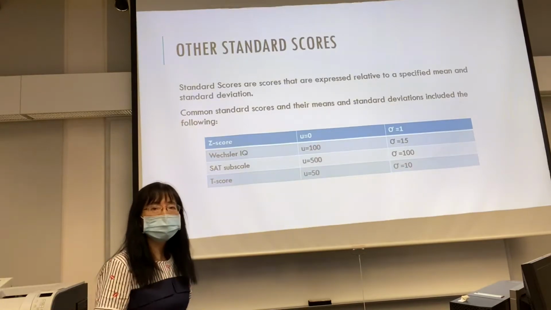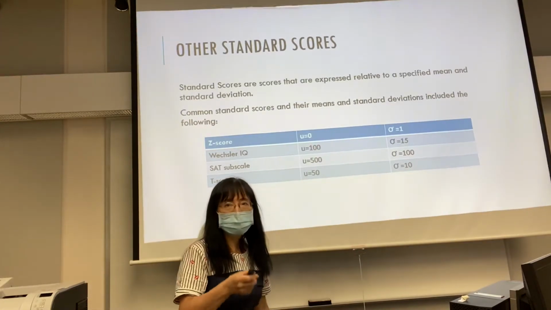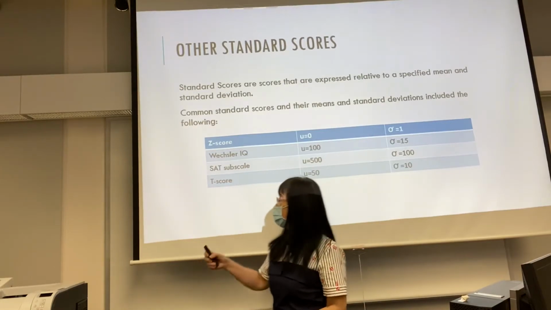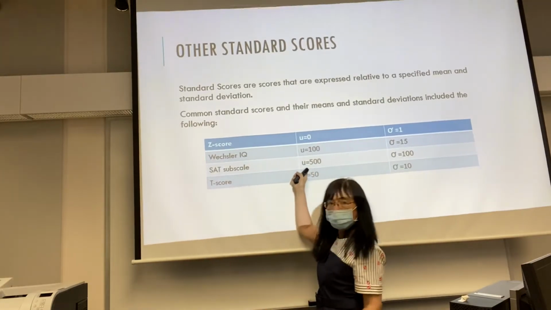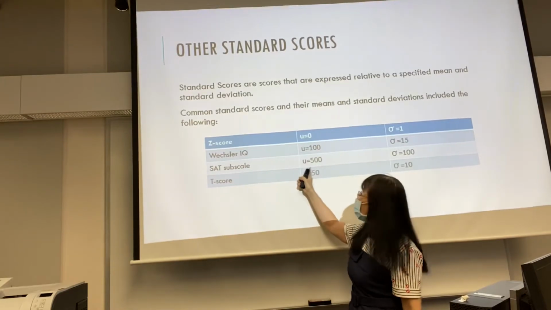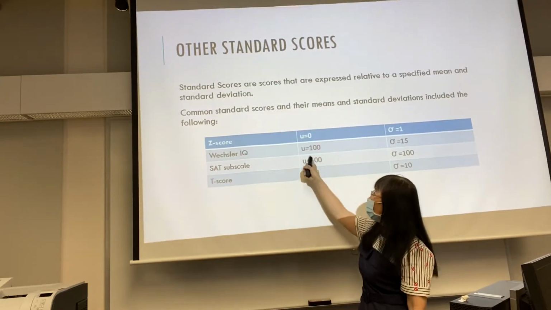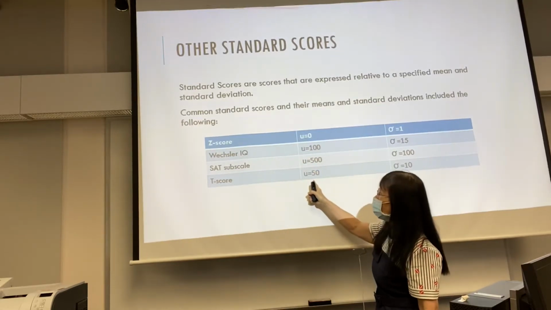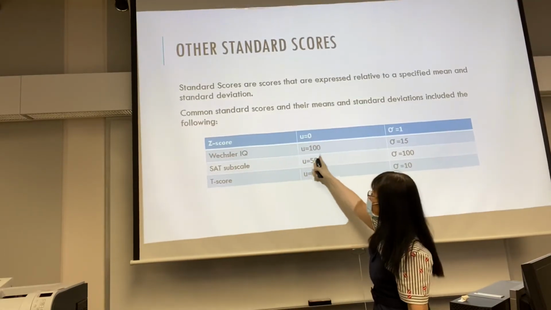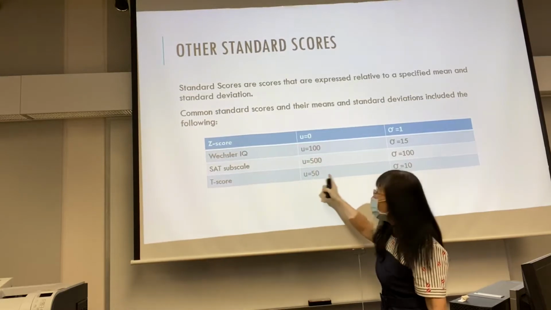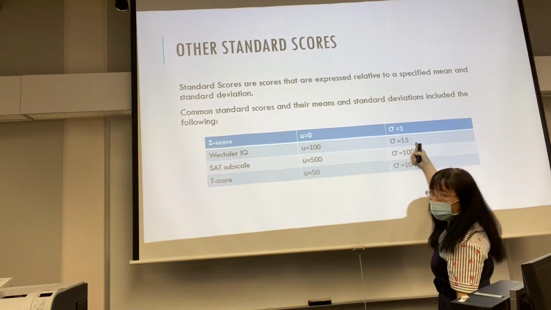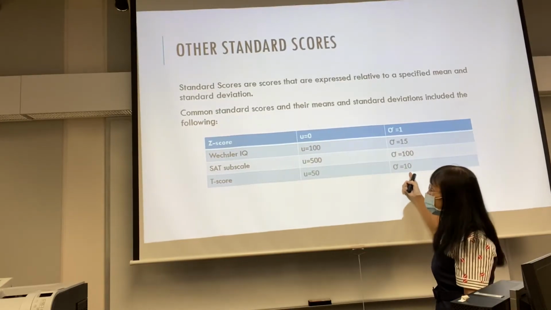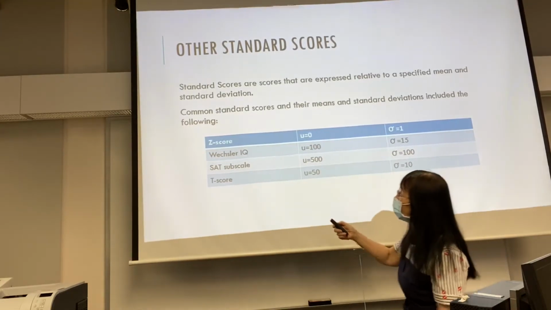As many of you already took the SAT test, you never get 0 because they put the mean score at 500. The mean score for IQ is 100, and for the T-score it's 50. That is the score they set up. Then the standard deviations are 15, 100, and 10. Okay, so how do you do this?